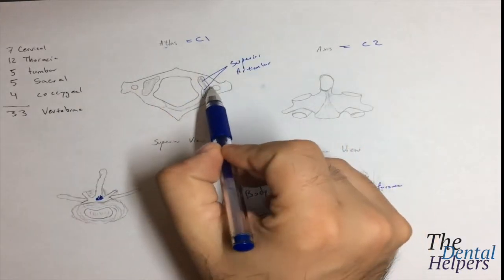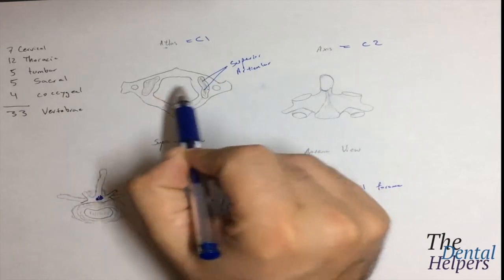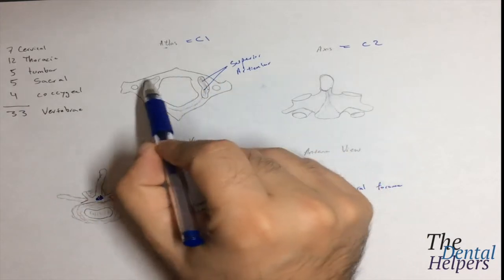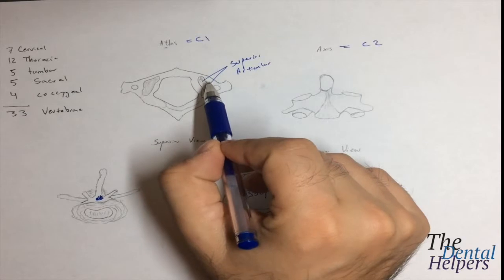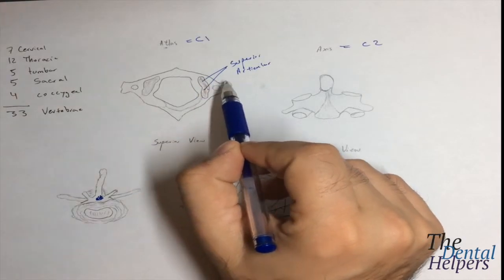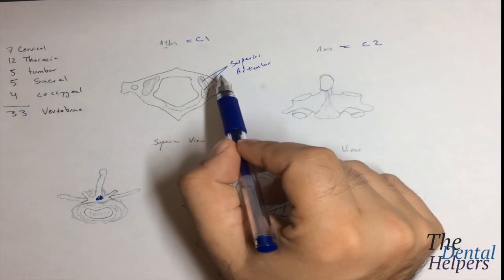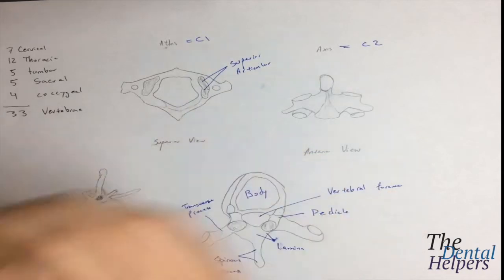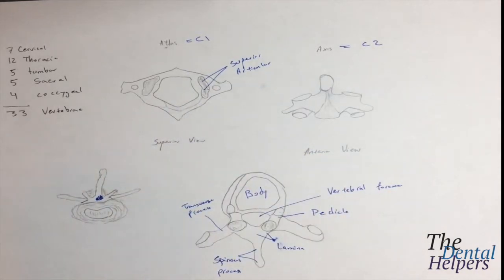And what these articulators allow, exactly as it sounds, it's going to articulate. So it's going to allow for an up and down movement. So that's the key thing about the atlas that you need to know.